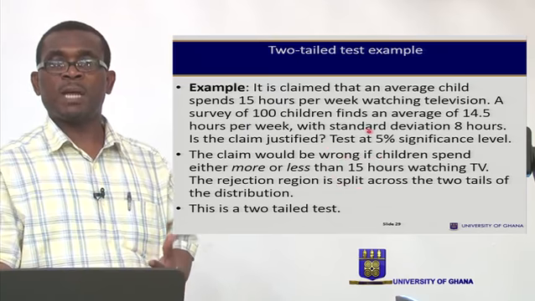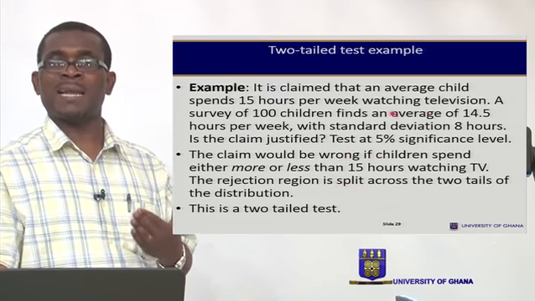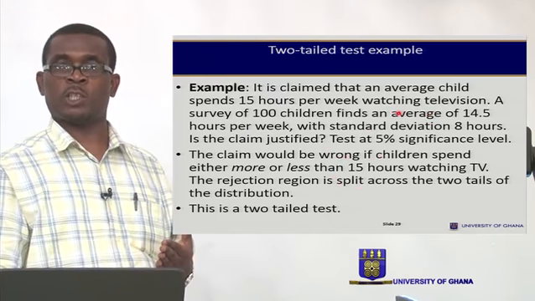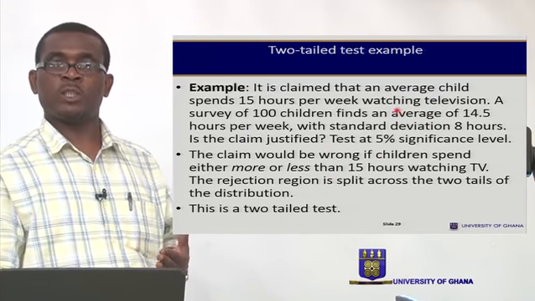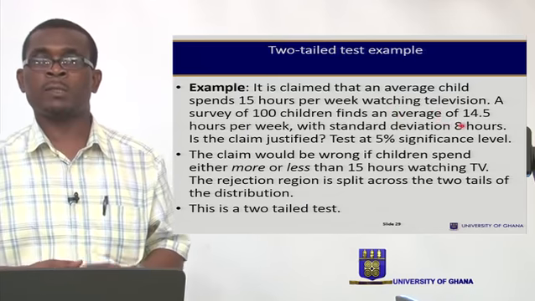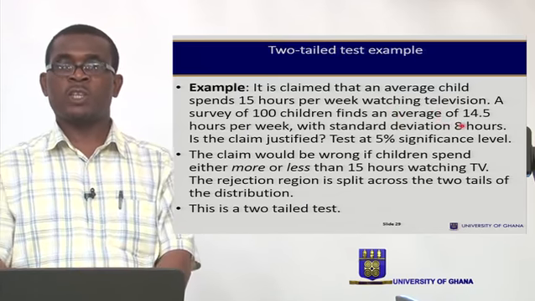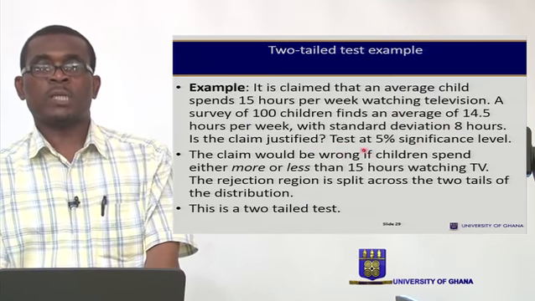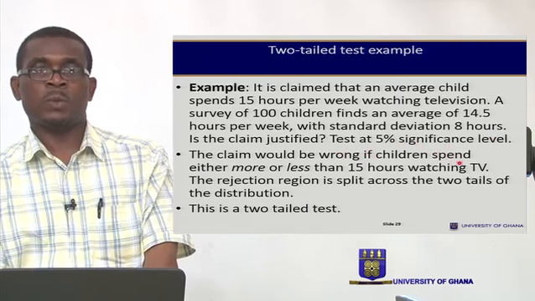It is claimed that an average child spends 15 hours per week watching television. A survey of 100 children finds an average of 14.5 hours per week, with standard deviation of 8 hours. Is this claim justified? We want to test at 5% level. Okay, fine.